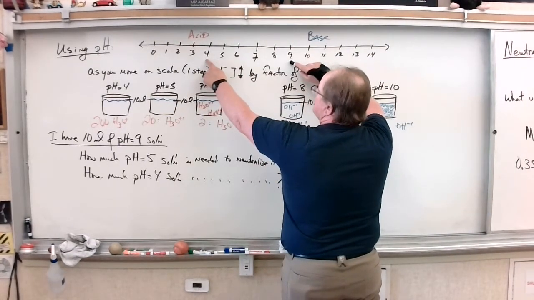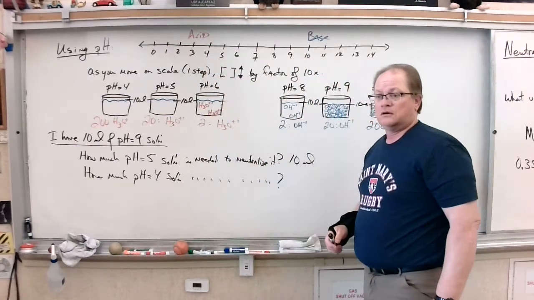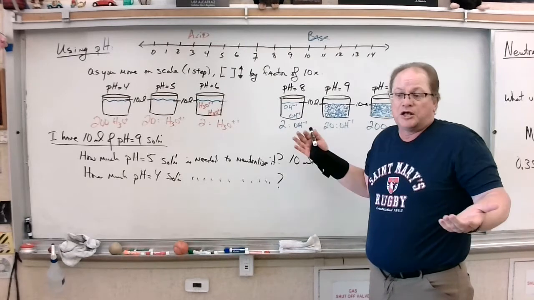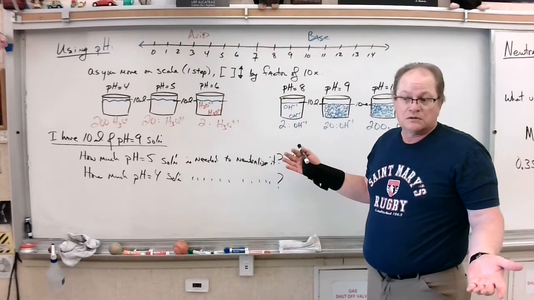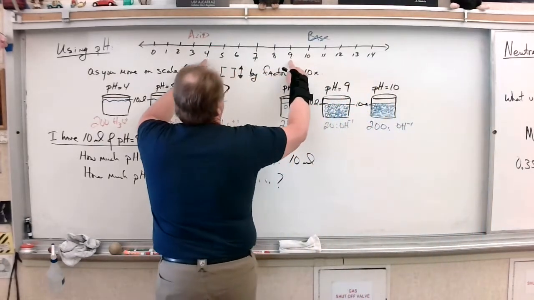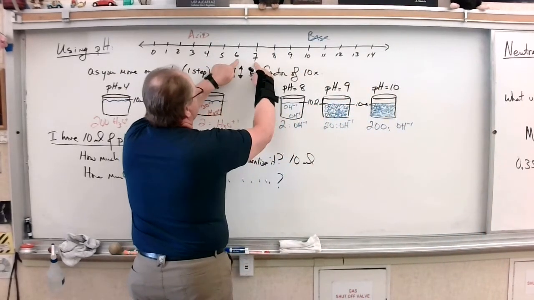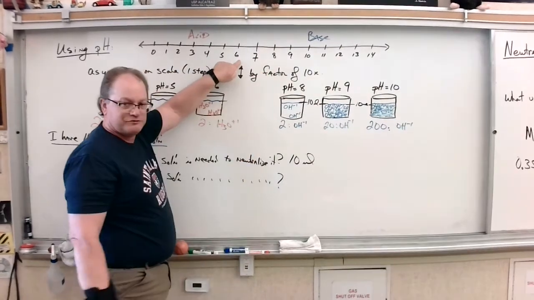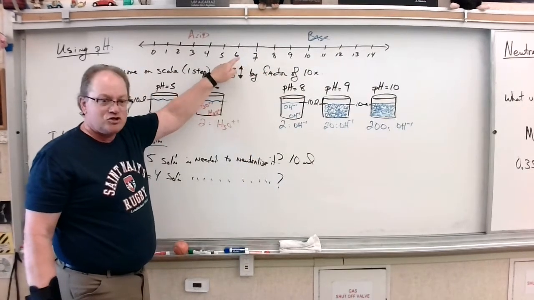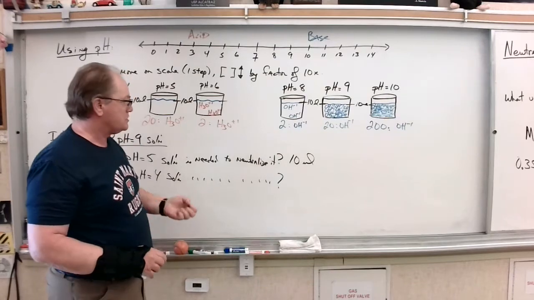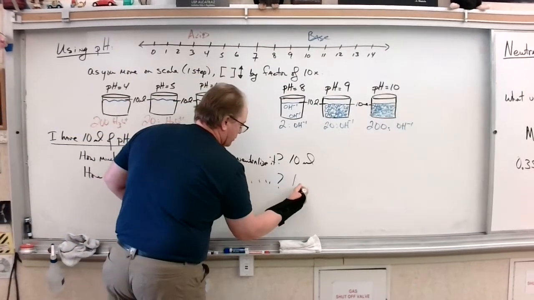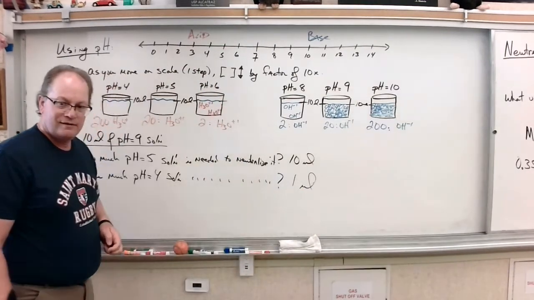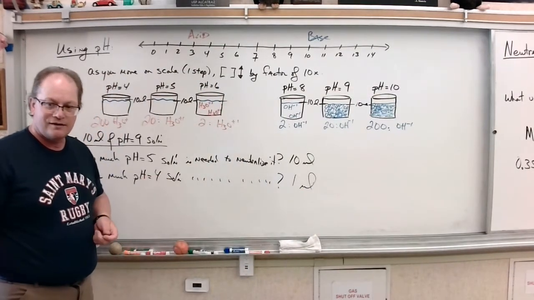No. Am I going to need more 4 or less 4? I'm going to need less of it. How much less? 10 times less. Why 10 times less? 1, 2, and I'm off by a factor of 10, aren't I? You can just count them out. Instead of having 10 milliliters, I actually only need 1 milliliter. That's pretty crazy, huh?